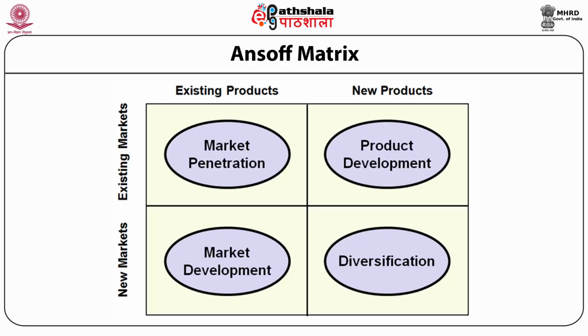On the other end, if the firm decides to venture into new products but intends to serve the existing market, that strategic option is called as the product development option. Whereas the firm could choose to create new products and decide to serve the new market. The 4th option has been named as the diversification strategy. So the first 3, that is market penetration, market development, and the product development, become part of the intensive strategy.